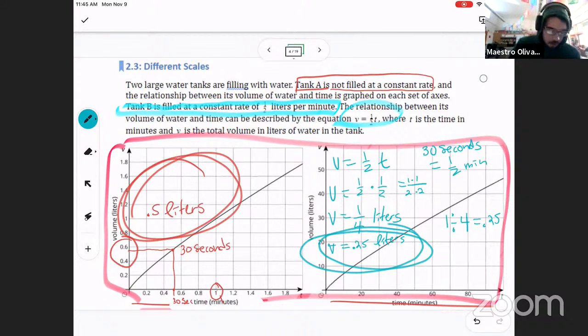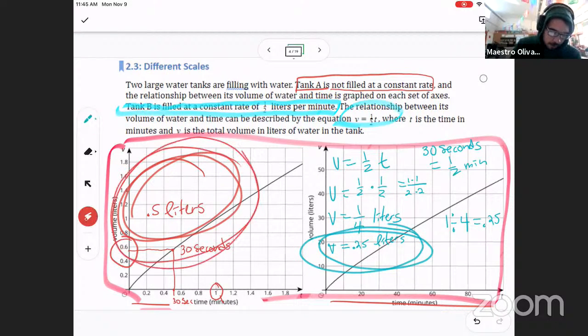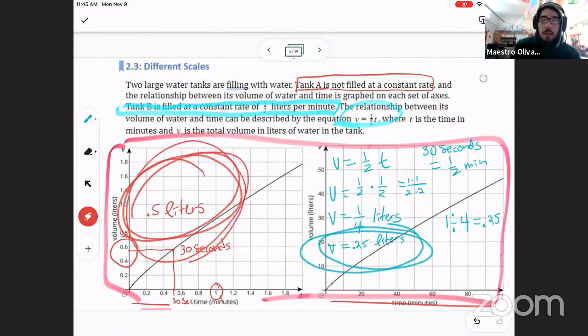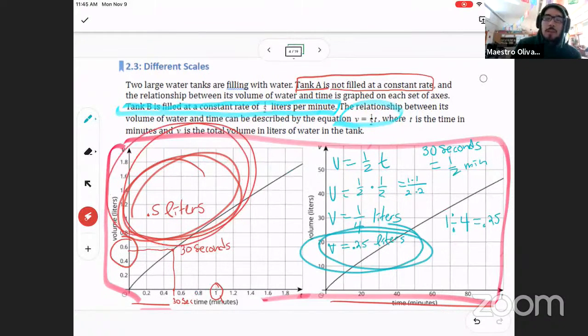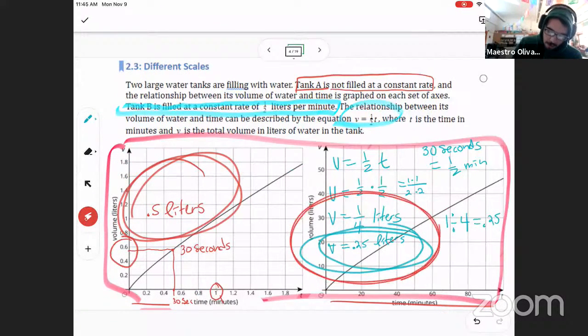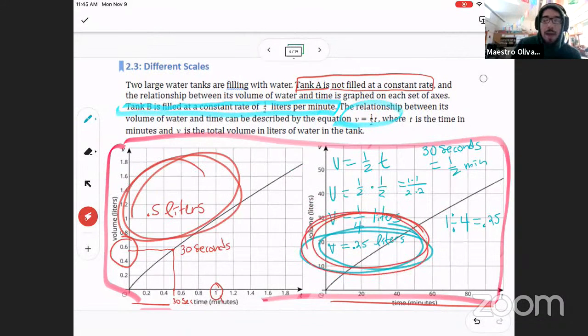Marcos, according to the red text, how many liters of water do I have after 30 seconds? 0.5 liters of water. Thank you. Alex, after 30 seconds, how many liters of water do I have?